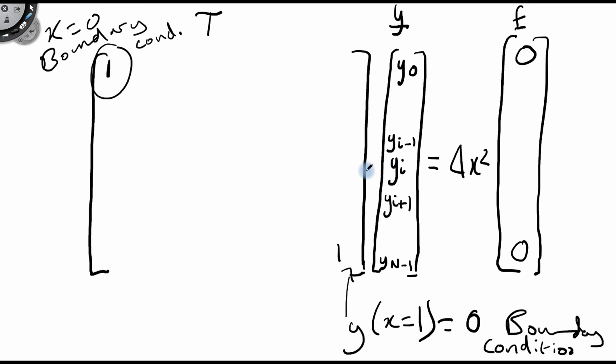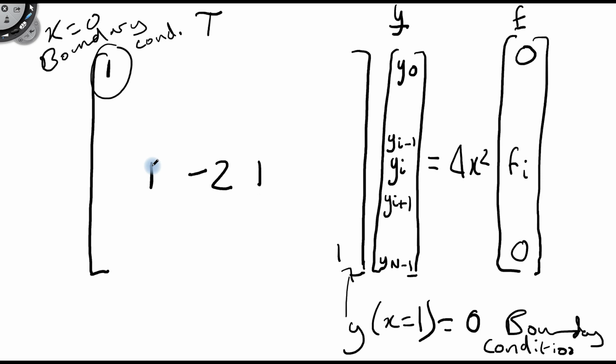Now with this one, we know from the discretization I just wrote down that this central element has minus 2, so minus 2 times yi, and 1 times yi minus 1, and then 1 times yi plus 1, equals f of i.